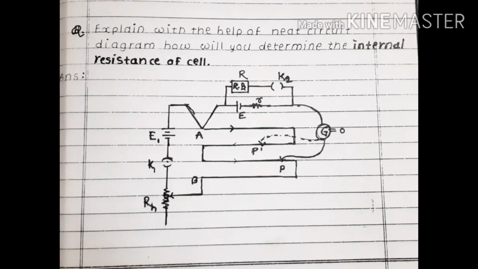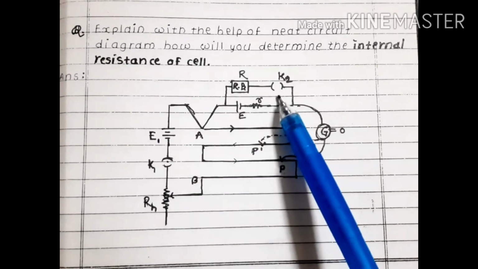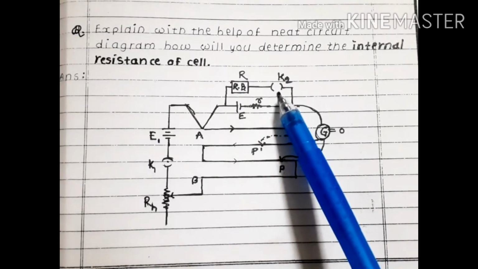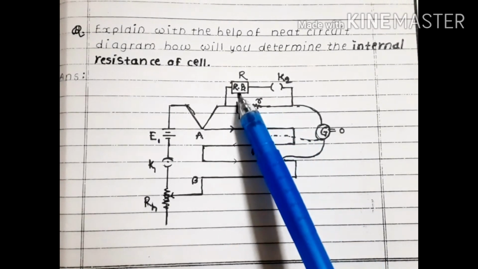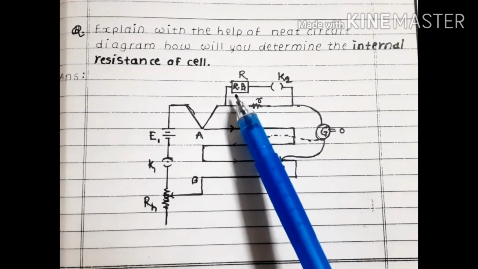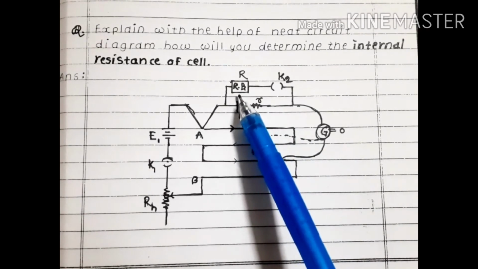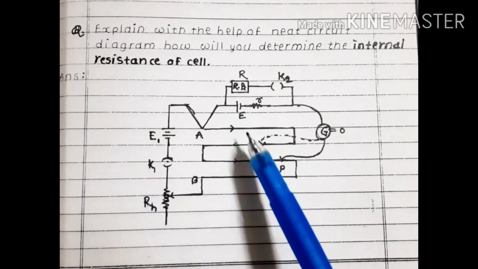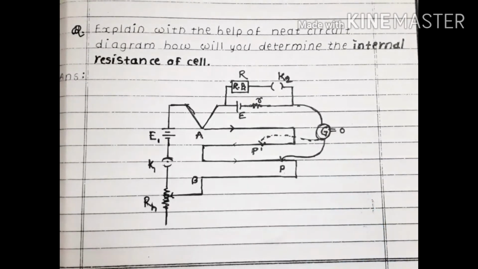Now you close the plug key K1 as well as plug key K2. When K2 is closed, take a suitable resistance from the resistance box. Whenever we take a suitable resistance from the resistance box, only then the external PD comes into the circuit.